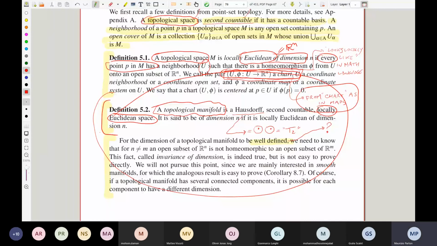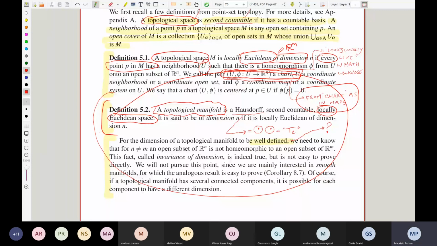Other examples, for instance, this cross is a topological manifold. Of course, the troubling point is the intersection. Can you find a neighborhood of this point which locally looks like an open set of R? No. Can you prove it?